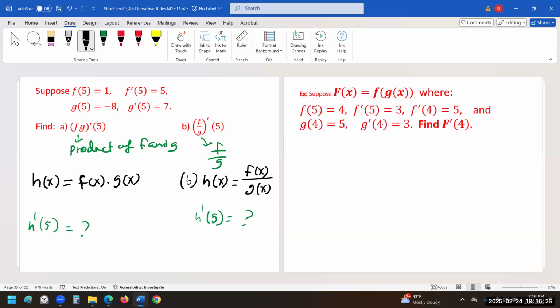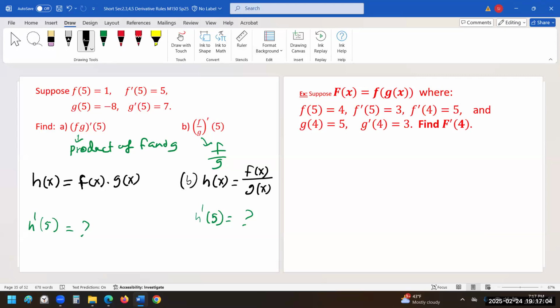F(x) and g(x). What's the derivative of f(x) times g(x)? Which derivative do we have to use when we have a product of functions? Product. What is the product? Derivative of the first function times the second function, plus derivative of the second function times the first function. Why don't you find it?